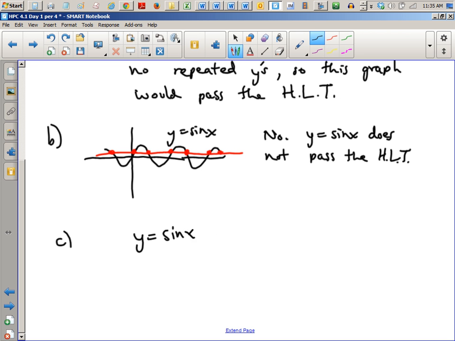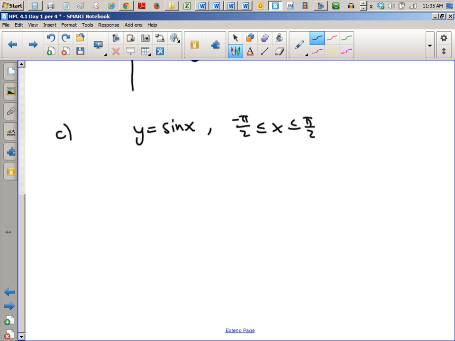y equals sine x, where x is between negative pi over 2 and positive pi over 2. Okay, so you still know what the graph looks like, right? It's the sine wave. But don't be too quick to say no, it's not one-to-one. Go and sketch it out. So we know it's a sine wave, but we're restricted to draw only between negative pi over 2 and positive pi over 2.